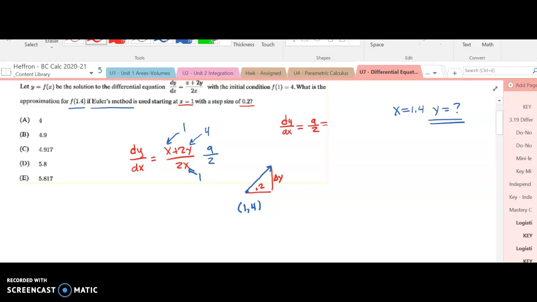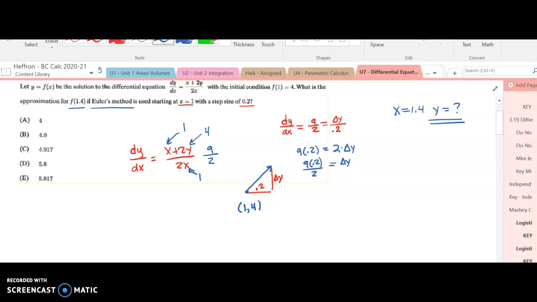I also know my delta x, but I don't know my delta y. I could just cross multiply and find my delta y. So 9 times 0.2 equals 2 times delta y, or delta y equals 9 times 0.2 over 2.